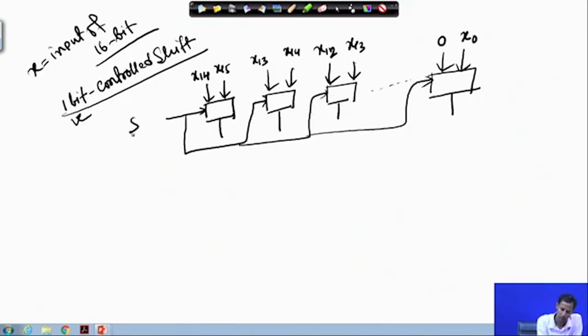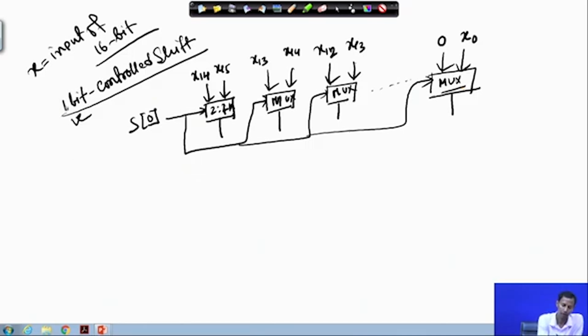This is the select line or S0 if I say. So, this is 2:1 muxes. So, this is the 1 bit control shift operation.